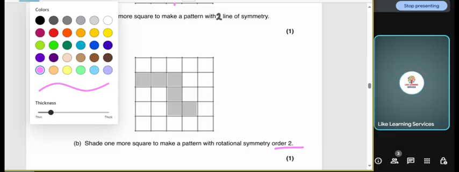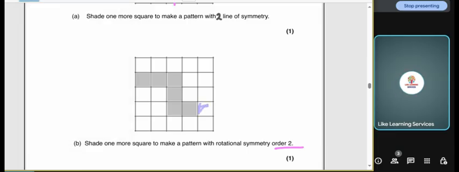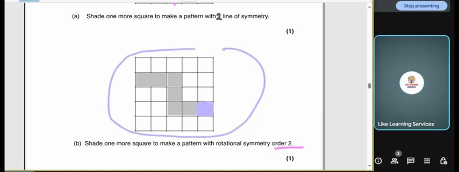It will be here. Do you agree? Order 2. By the time you turn it 360 degrees, it will appear like itself only 2 times.